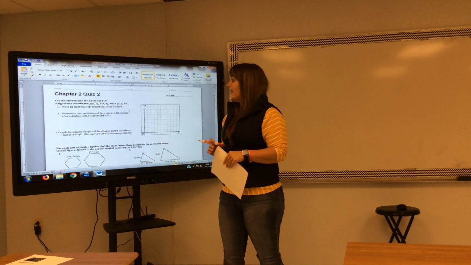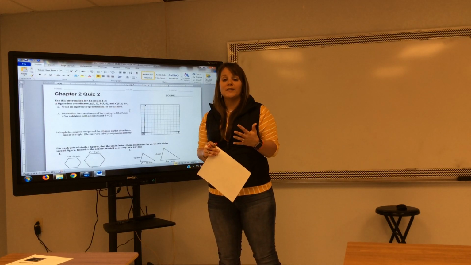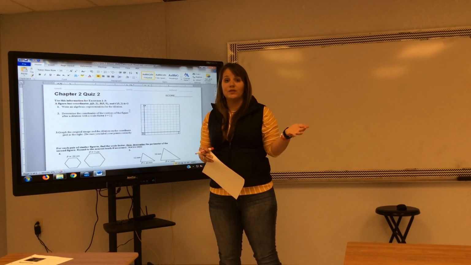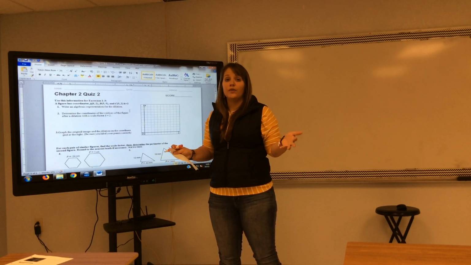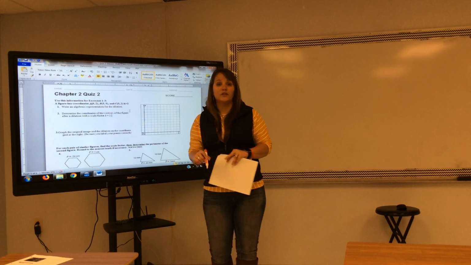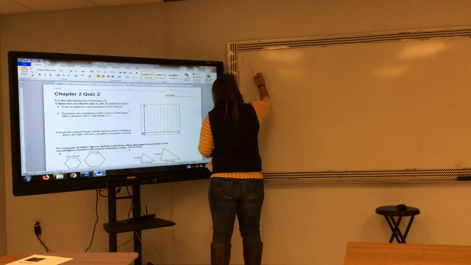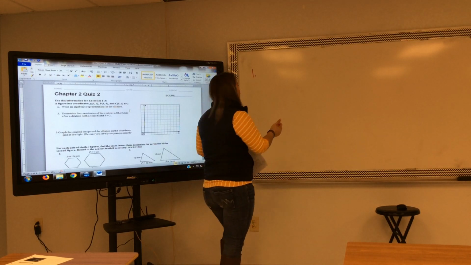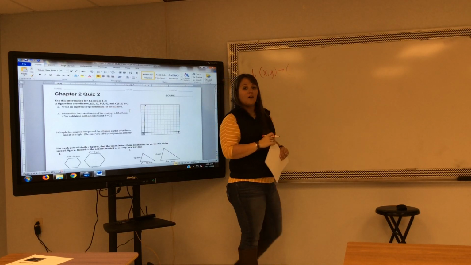Number 1 says write an algebraic representation for the dilation. Algebraic representation, algebra is just numbers and letters combined. You want to make a rule to follow to represent what happens when your scale factor is 2. Well, in ordered pairs, we always start with x, y, and then we apply our scale factor.